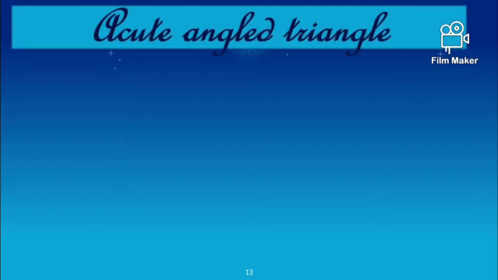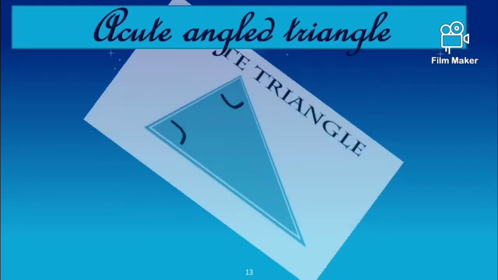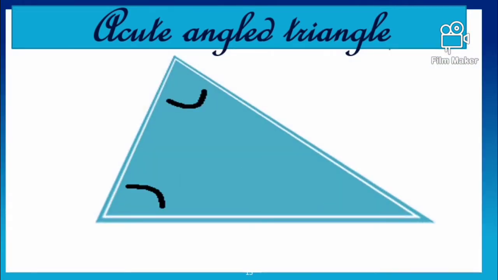Now let's discuss the definitions of the triangle according to their angles in detail. The first type of triangle according to their angle is acute angle triangle. What is an acute angle triangle? As we all know, an acute angle is an angle which is less than 90 degree.